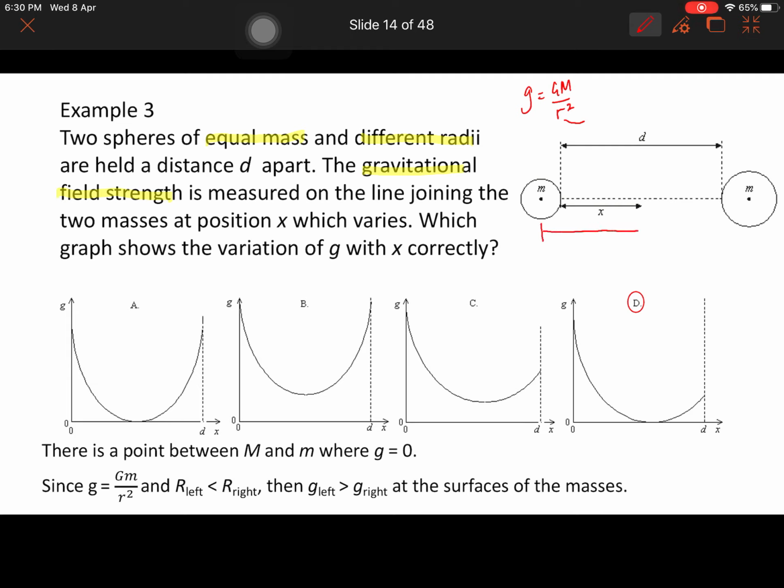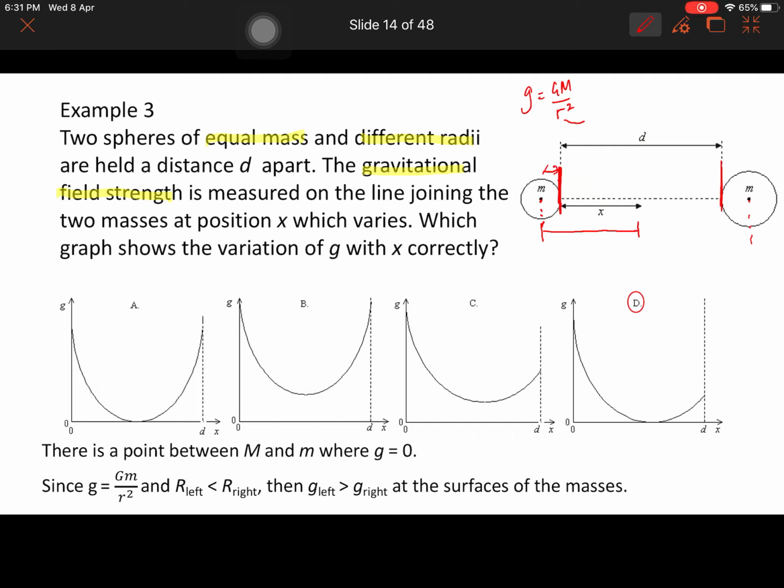It should be from here to here, or to whichever position. But it's always from the center of the mass. But right now, my question here is from the surface.